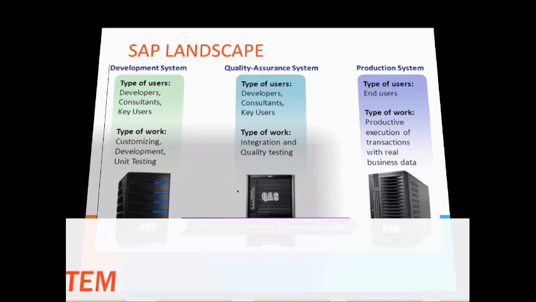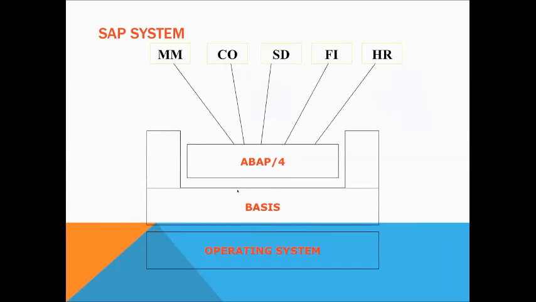In the SAP system, you can see the operating system, then Basis. Basis is a middleware, and on top of Basis we have the ABAP/4 language application layer, where all sorts of different SAP modules or applications work, like material management, controlling, sales and distribution, financial accounting, and human resource management.